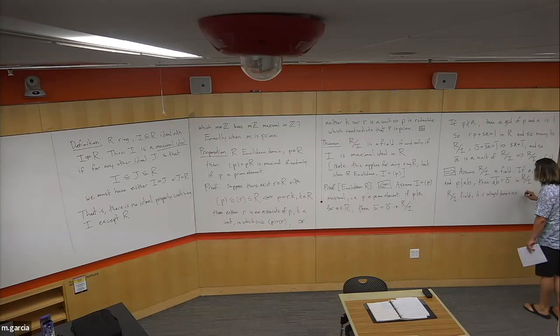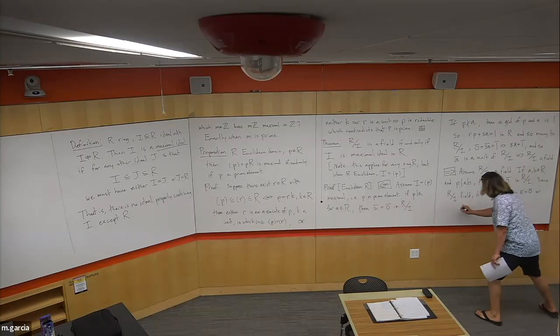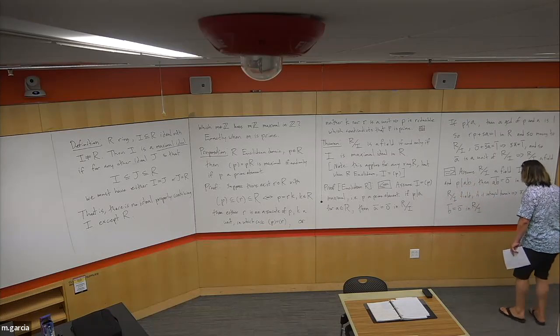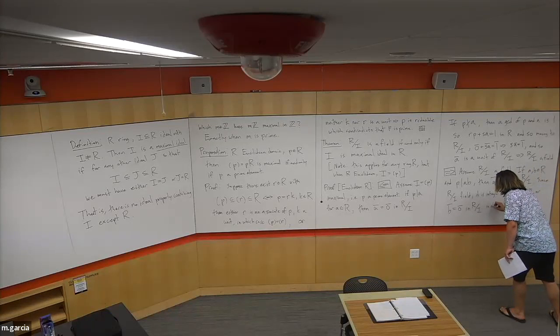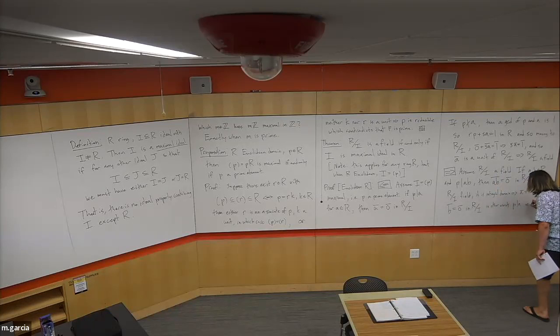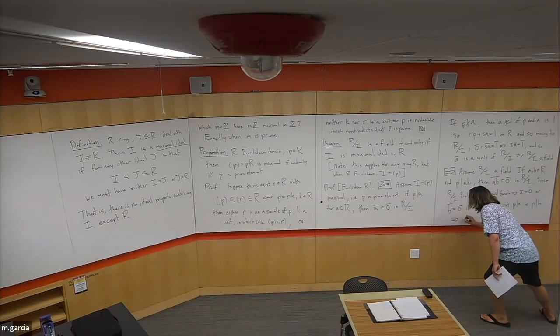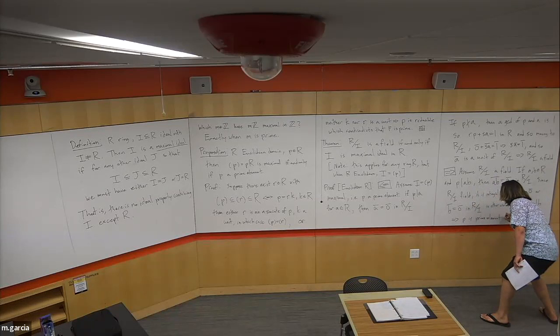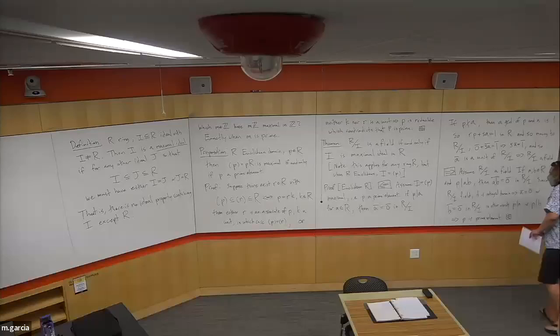Which implies A bar is equal to 0 bar, or B bar is equal to 0 bar in R mod I. In other words, P divides A or P divides B. Right? P is a prime element. Okay. Good.